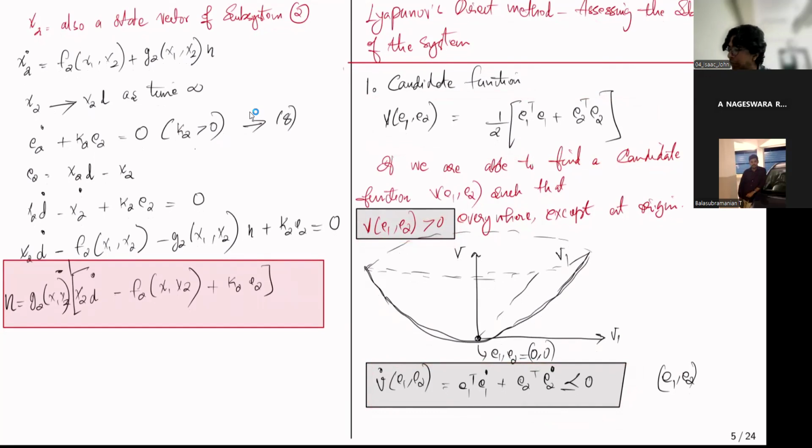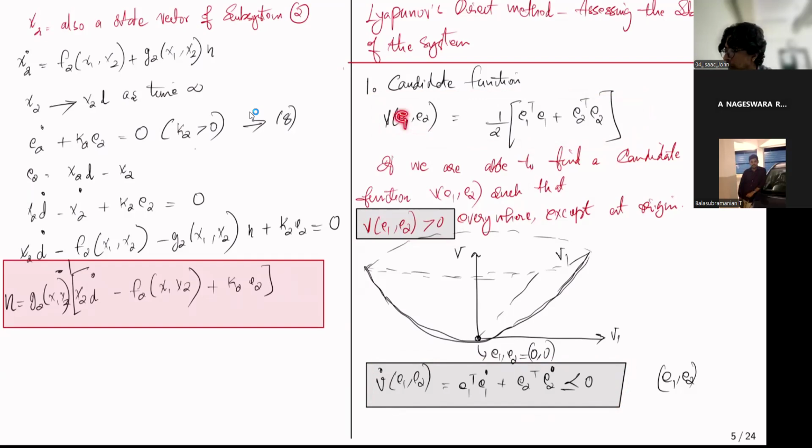But for the time being, if you are able to come up with a positive definite function of these error variables, and if you can prove that the derivative of that candidate function is negative everywhere except at the origin, that basically means that your system is stable.